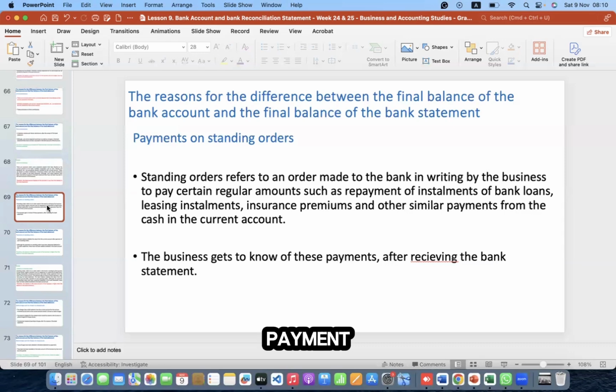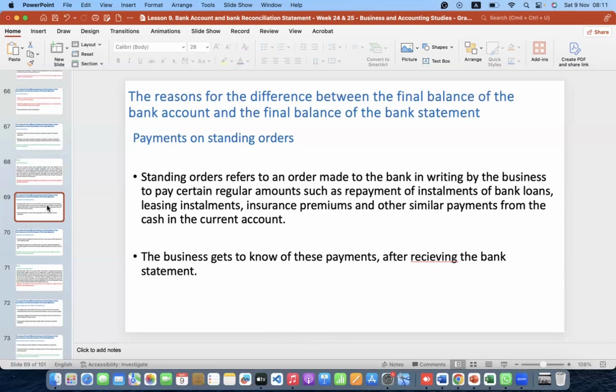Standing order payments are processed electronically and automatically. Standing orders you can give on a monthly basis. For example, let's say you want to save some amount in another bank account, and you can instruct your bank to pay that bank account, let's say 1,000 rupees every month on the 25th day of the month.